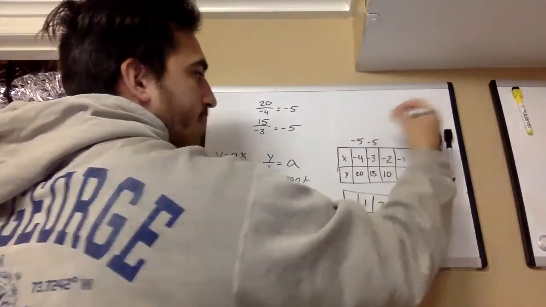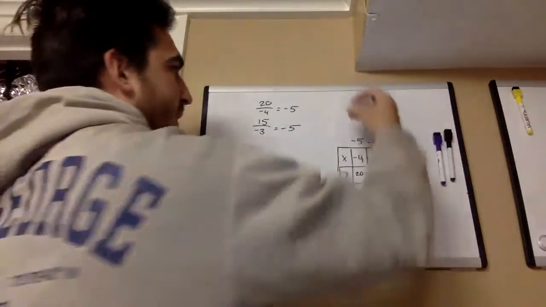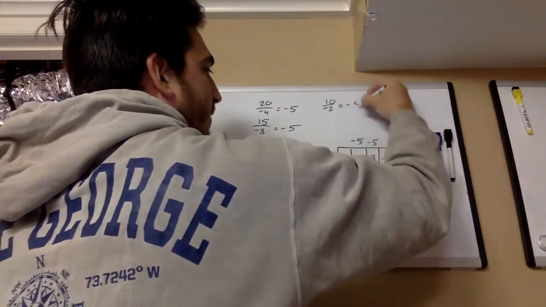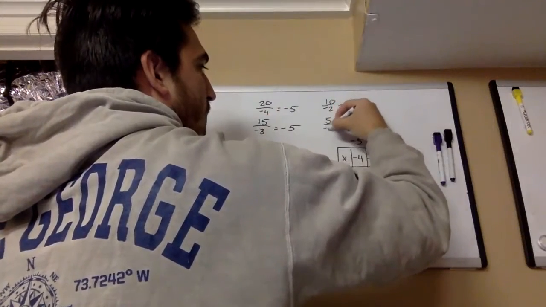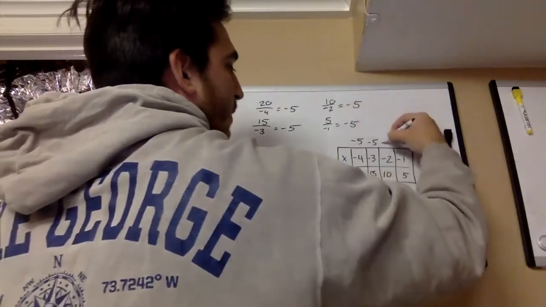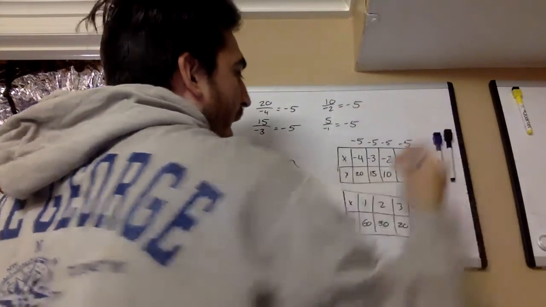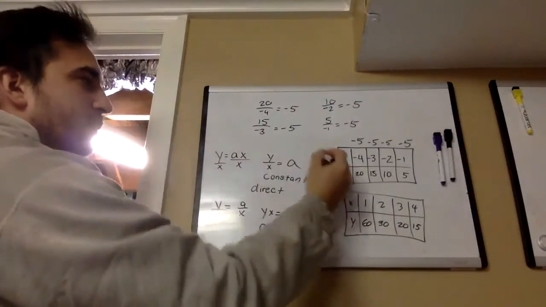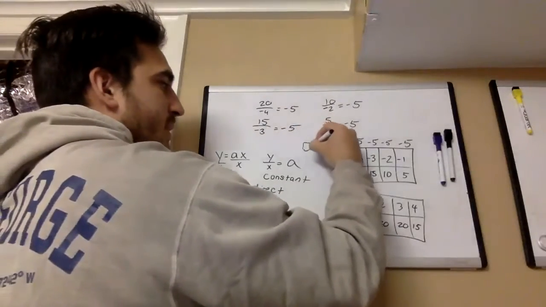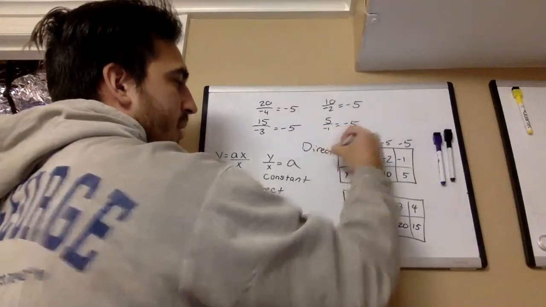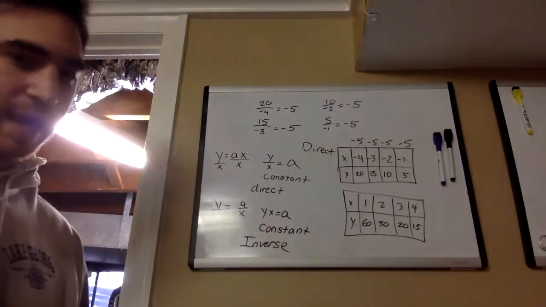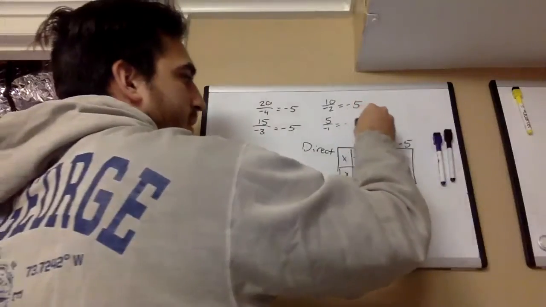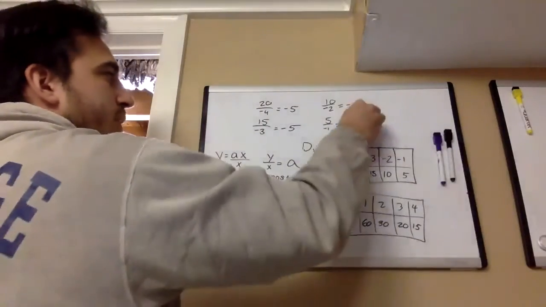So far it's working out, but I got to check all of them to make sure that it's constant. 10 divided by negative 2, you get negative 5, and 5 divided by negative 1, you also get negative 5. I don't even need to check the product of it because I'm already done. This one right here is going to be direct because the quotient of y over x is constant.